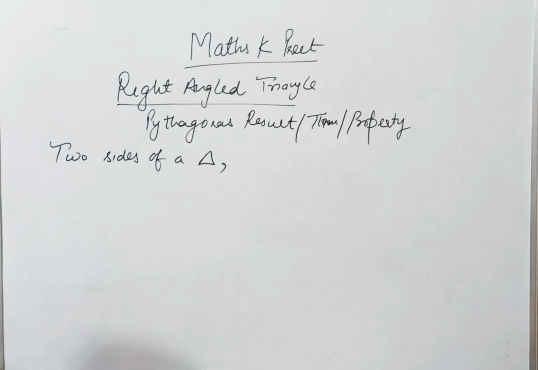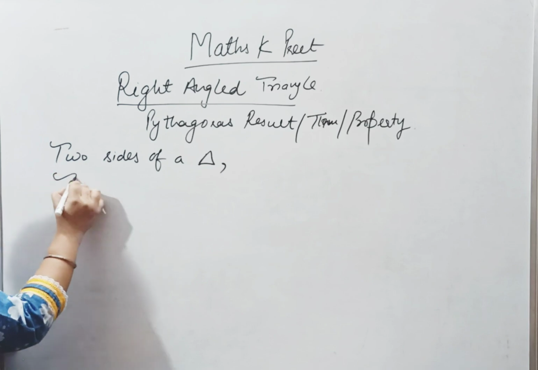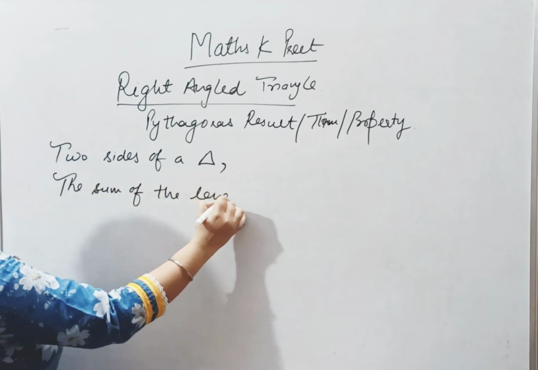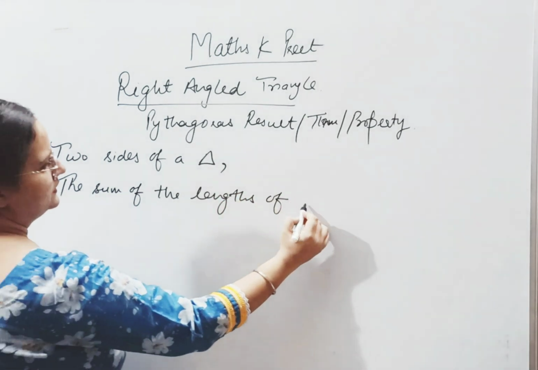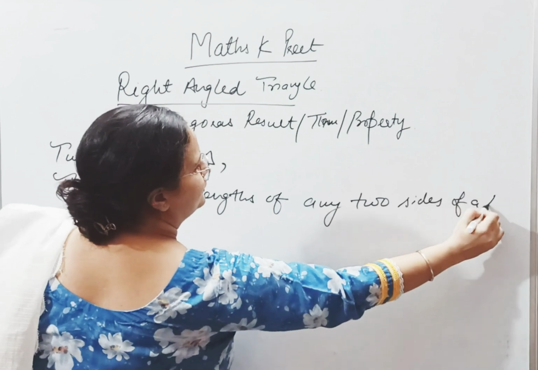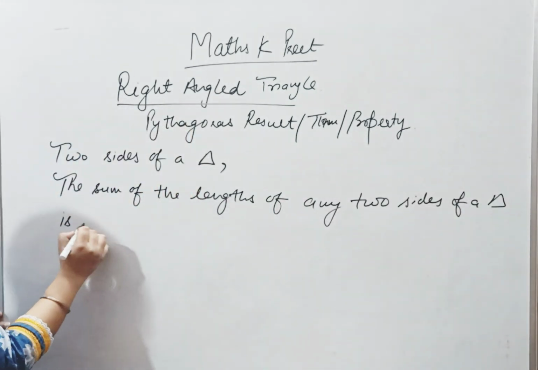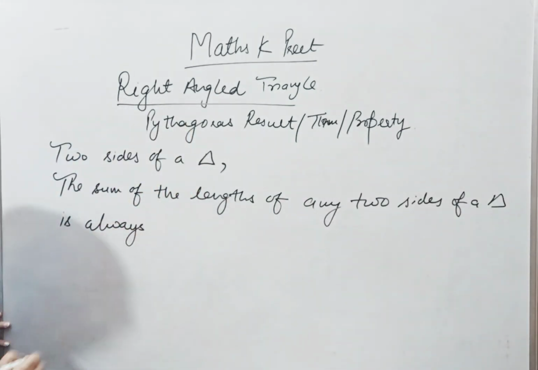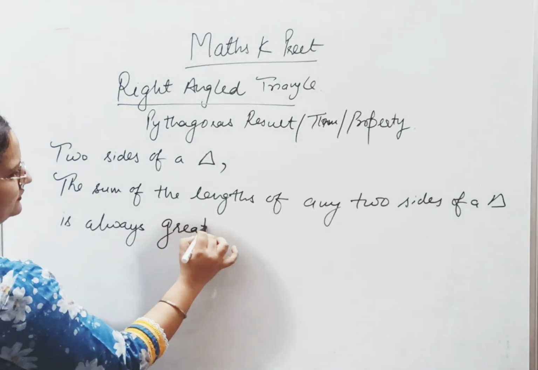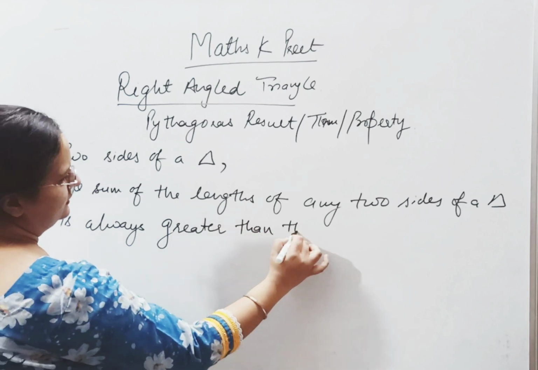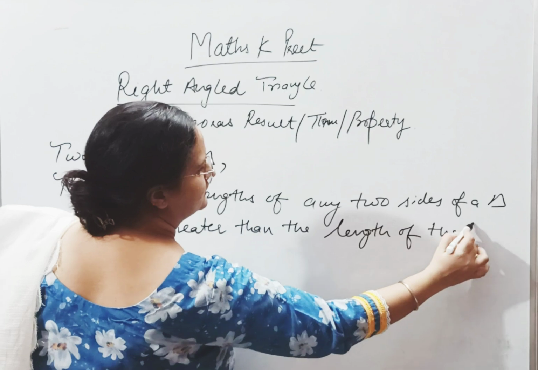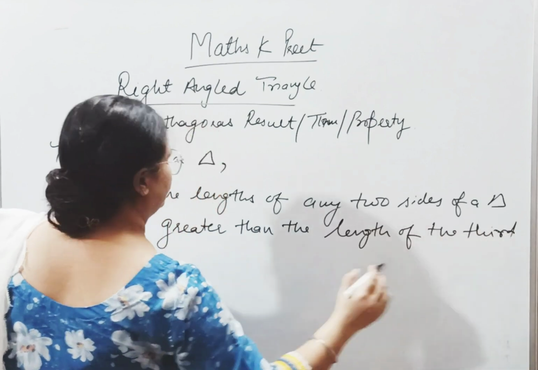So the result is the sum of the lengths of any two sides of a triangle is always greater than the length of the third side.